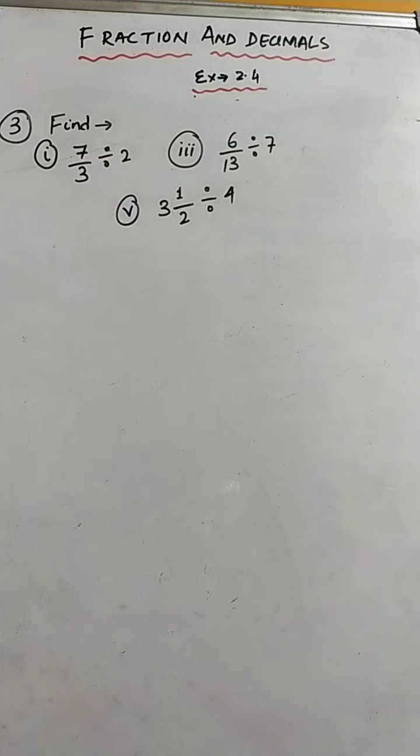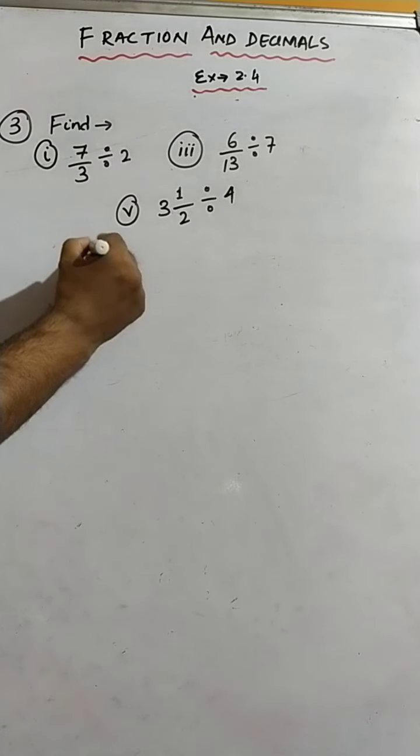Again in question number 3 we have 6 questions, and out of 6 questions I am doing only 3 questions, which are the odd numbers 1, 3 and 5, and you all have to do the even numbers as your homework. That is sum number 2, 4 and 6. So let's begin with question number 1.